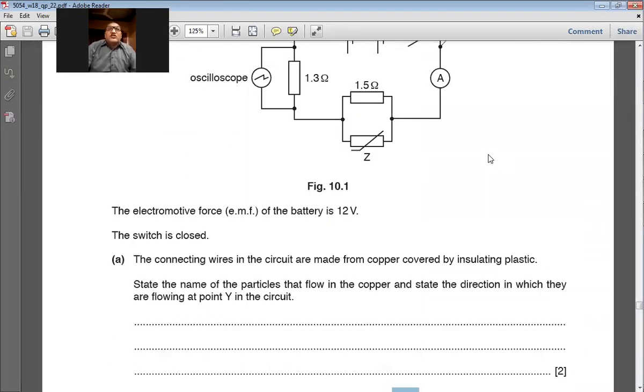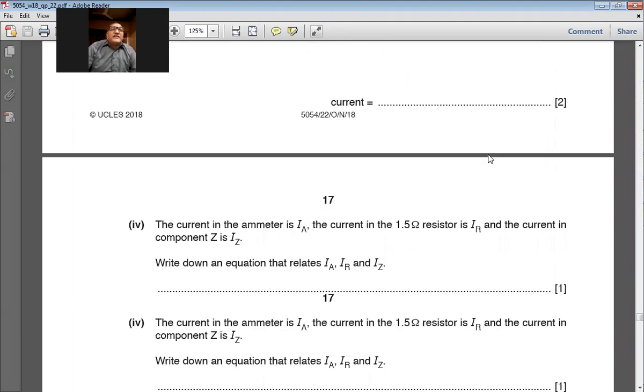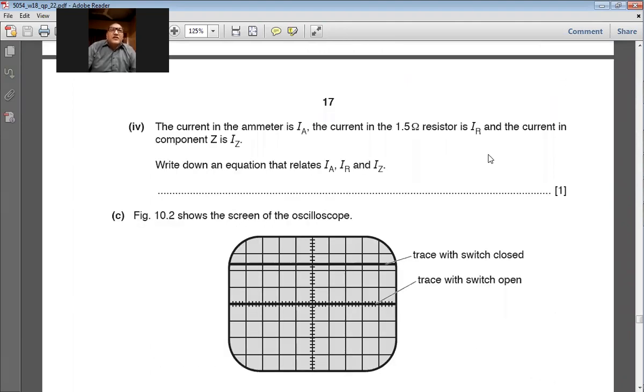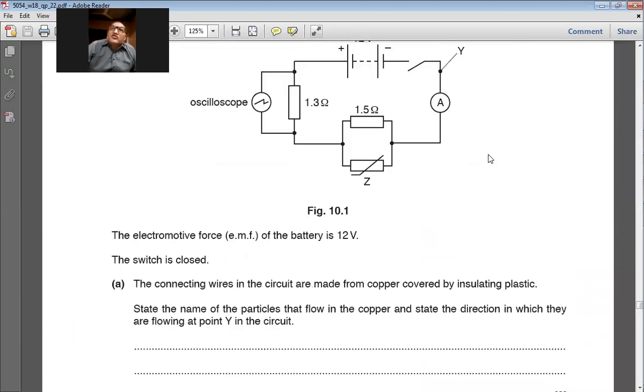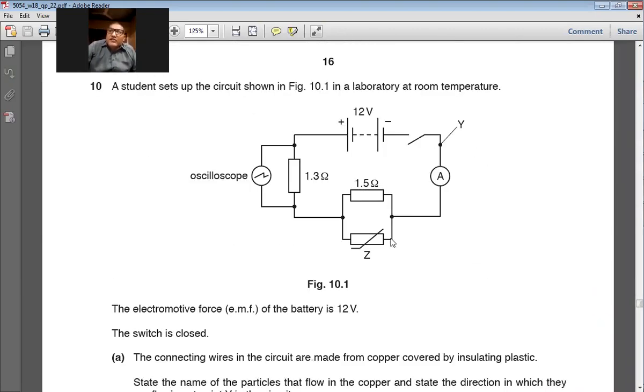The next question coming up on your screen says, the current in the ammeter is IA. The current in the 1.5 ohm resistor is IR. And the current in the component Z is IZ. Write down an equation that relates them. The current here will be equal to the sum of the currents in these two branches.